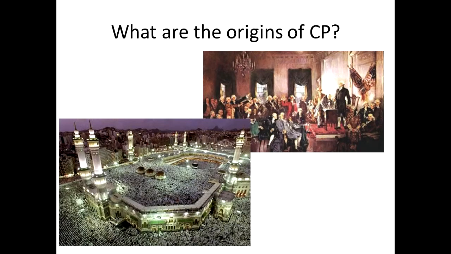Now, initially, when we began to develop this idea of comparative politics as a field of study, comparative was divided up into broadly two different categories. The first one was to think of studying other countries from the perspective of their laws or their constitutions.